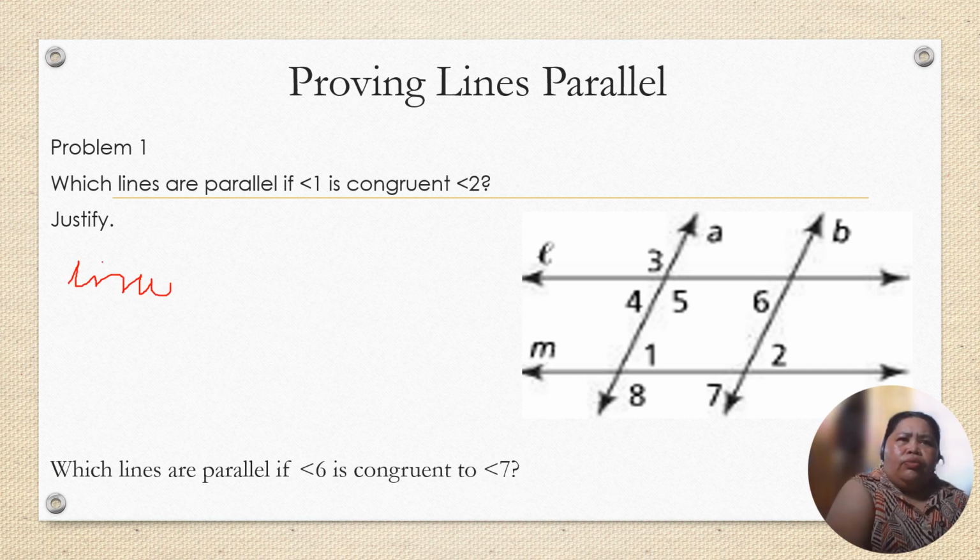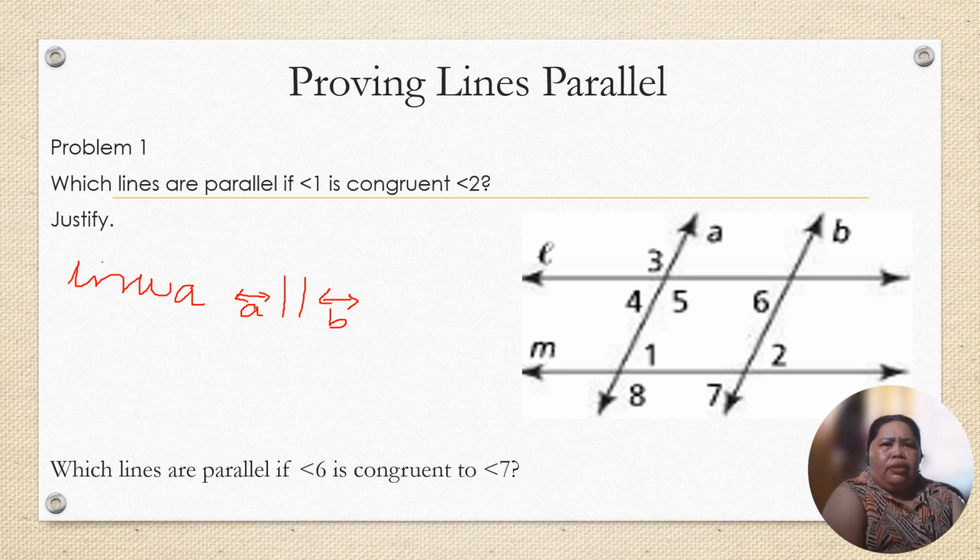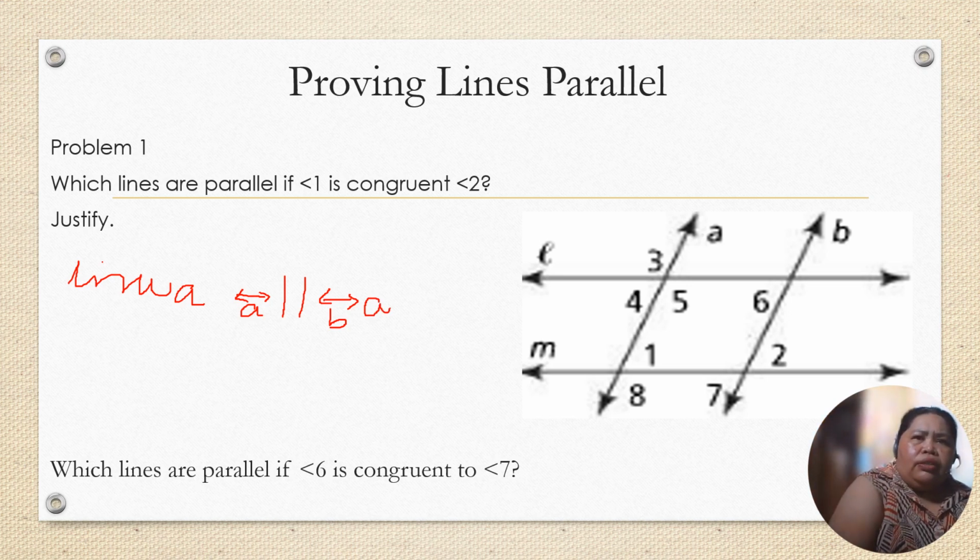You can write it in words, like line A, or you can write line A, with the symbol for parallel to, line B. So you can write here the A, the B, I mean.